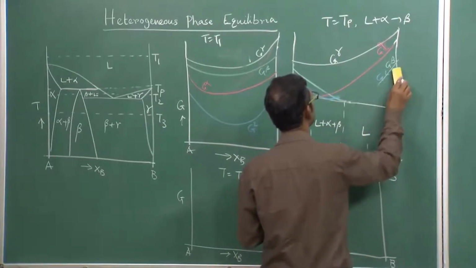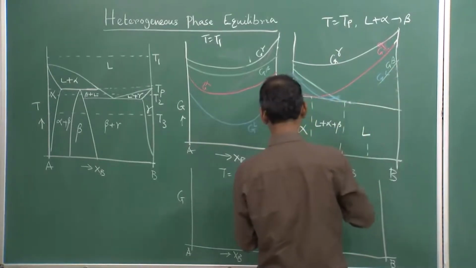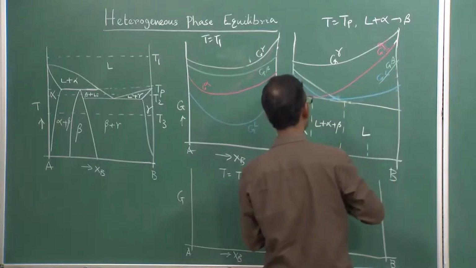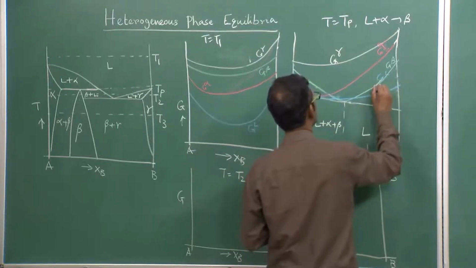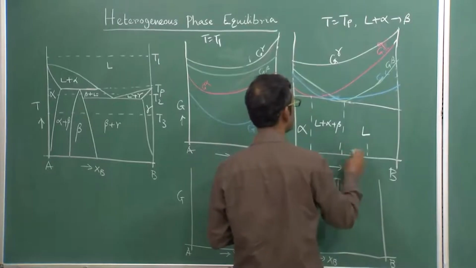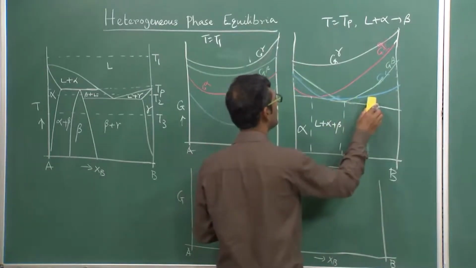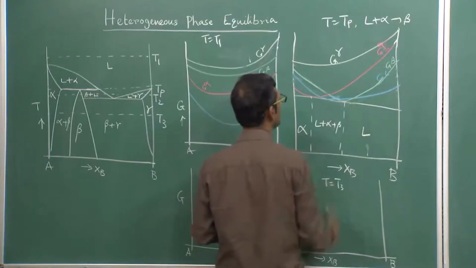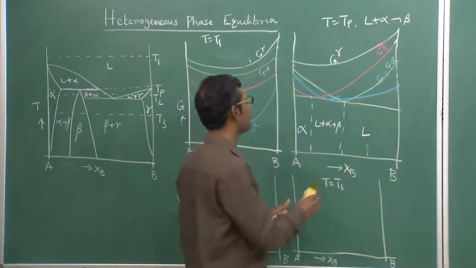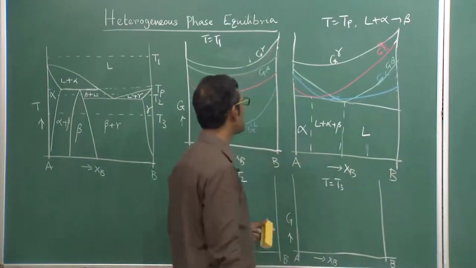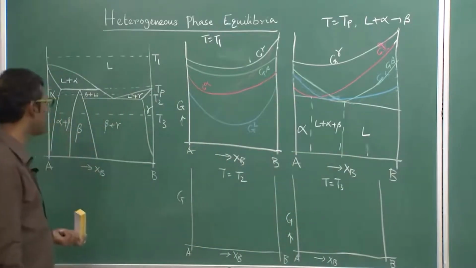So I'll do it, then I'll explain to you again. Okay, so this is the liquid. So as you clearly see here that liquid is the bottommost curve in the composition range from here to there. Okay, so that's how actually at temperature T equal to Tp will look like.